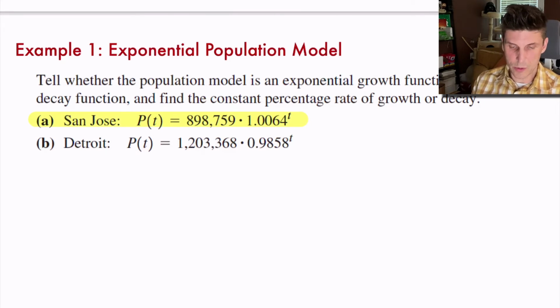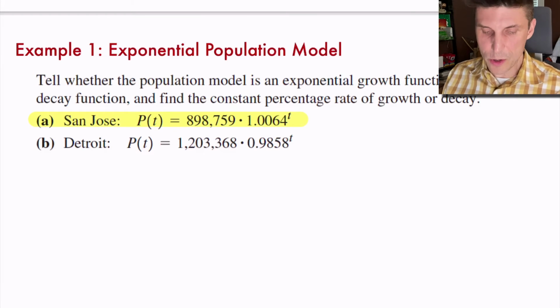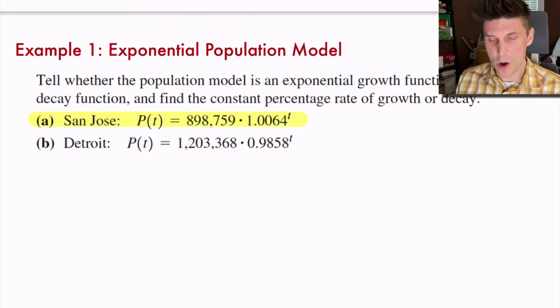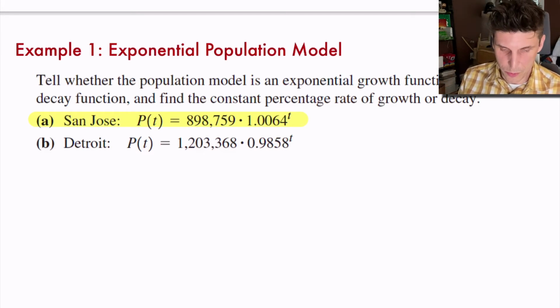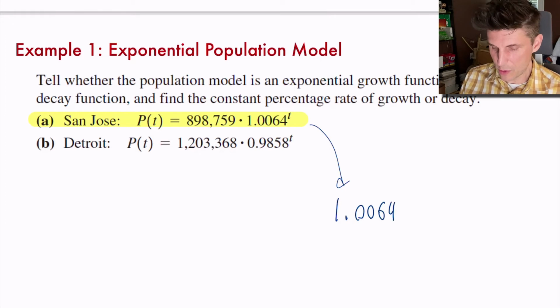So this one is going to be growth, right? Because we know that that number there is greater than 1. So one way to get that rate would be, we have 1.0064, right?